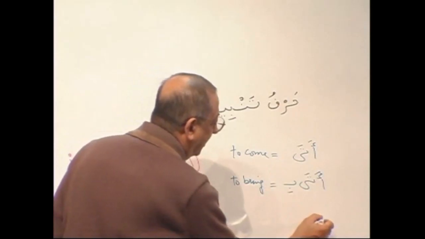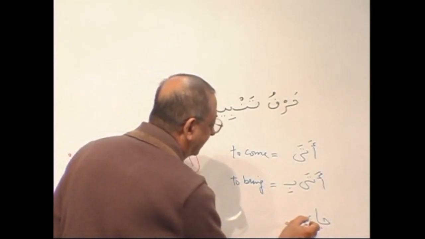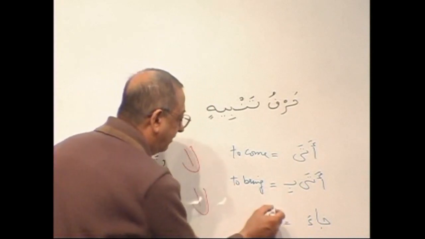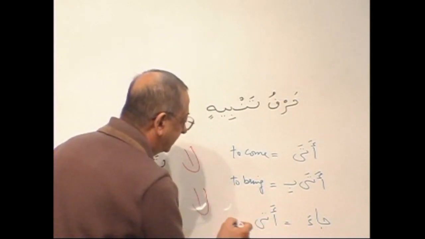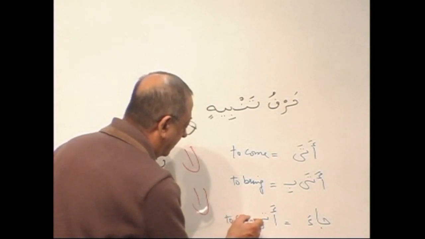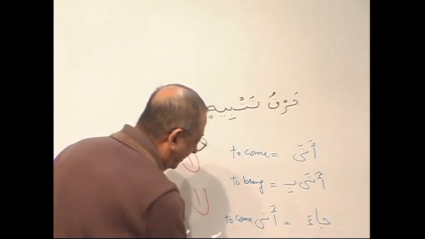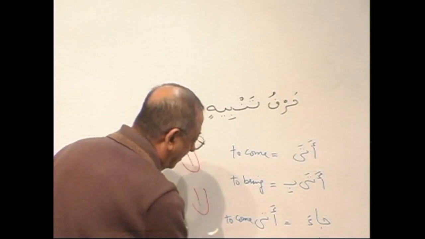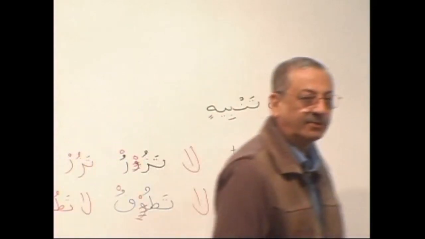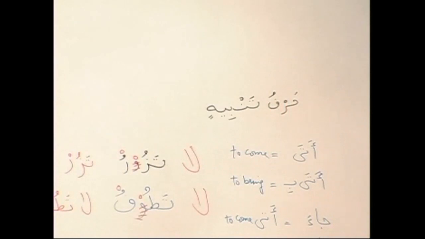Now, ja'a has the same meaning as ata, which is to come. And if I say ja'a bi, it is to bring. Are you with me, brothers and sisters? Ana ma ji'tu bil kitab. I did not bring the book. That is the translation.